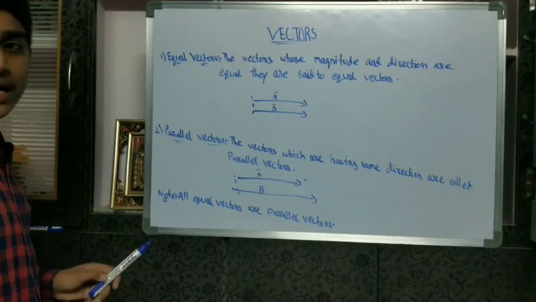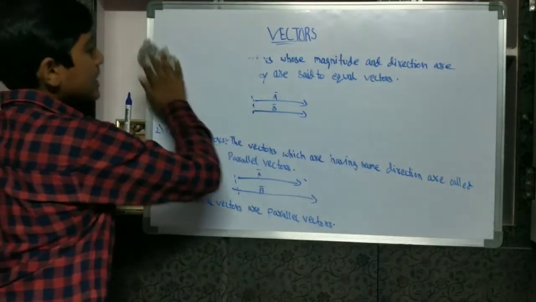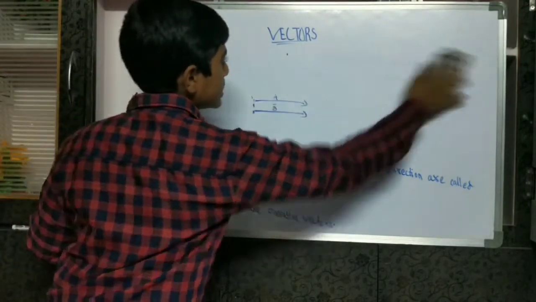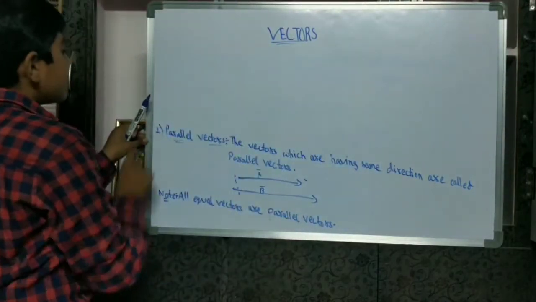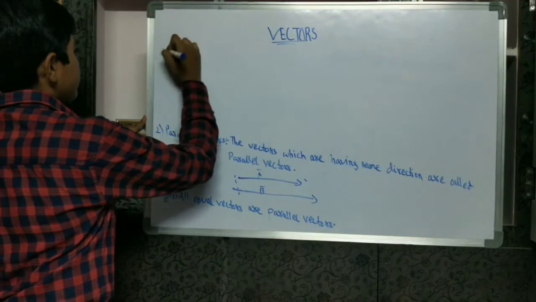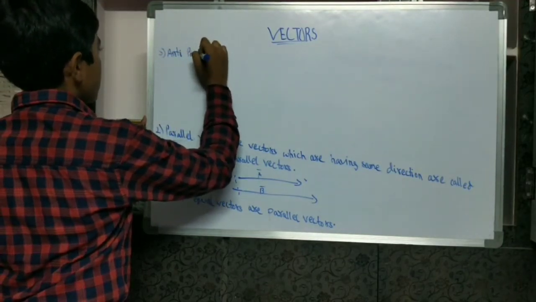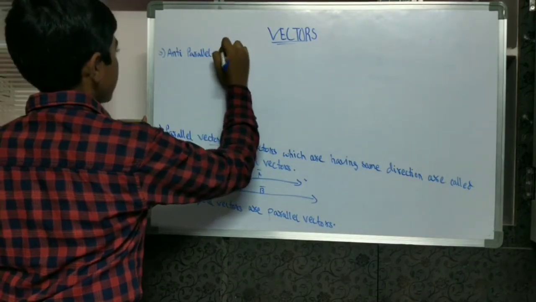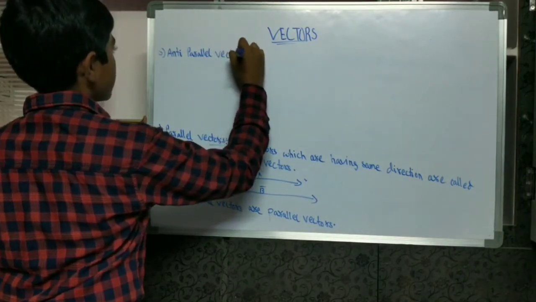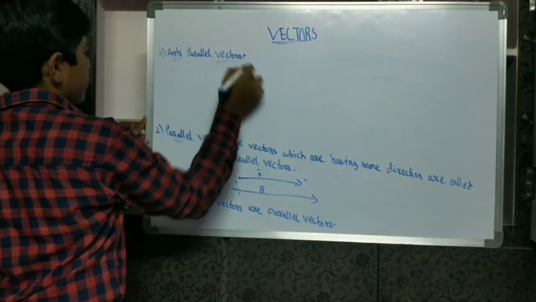And the next one is anti-parallel vectors. The third one is anti-parallel vectors.